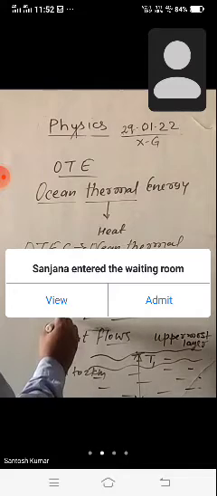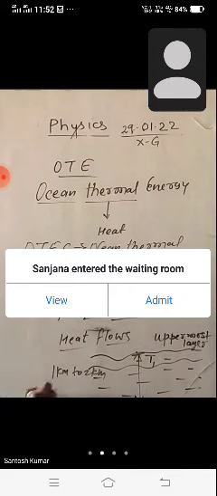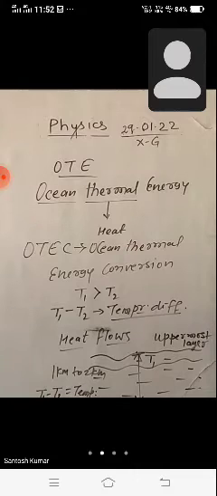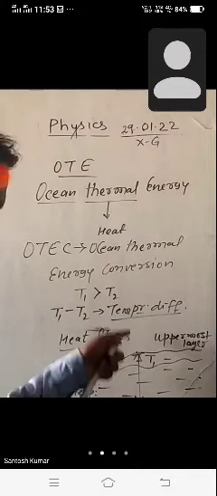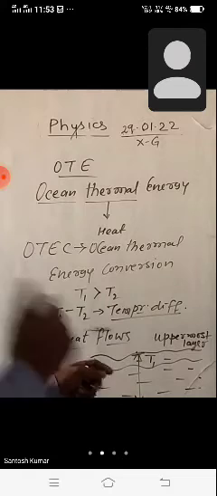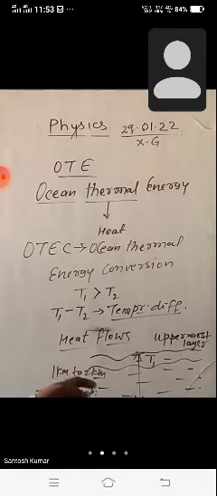If the temperature difference T1 minus T2 is greater than or equal to 20 degrees C within the range of 1 to 2 kilometers, or up to 1 kilometer, then only this heat can be transferred. This is a certain condition. After that, it may not be effective; its efficiency is very, very low.